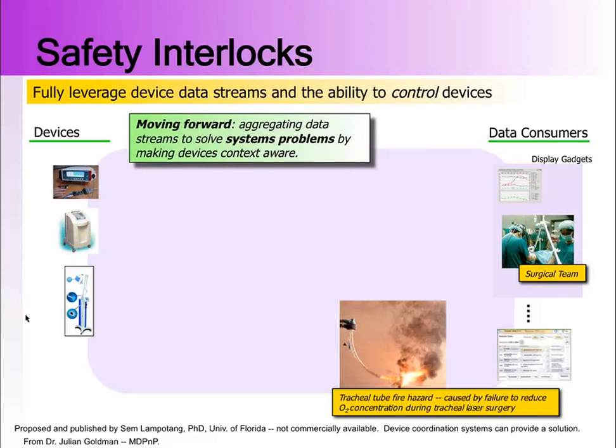So if there is a slice in the oxygen tube, then it reduces the chance of a fire. And so if you have the ability to integrate devices, then what you can actually do is to at least enforce a system invariant, right? You would at least be able to say the clinician is not allowed to use the laser if the oxygen concentration rate is high, right?